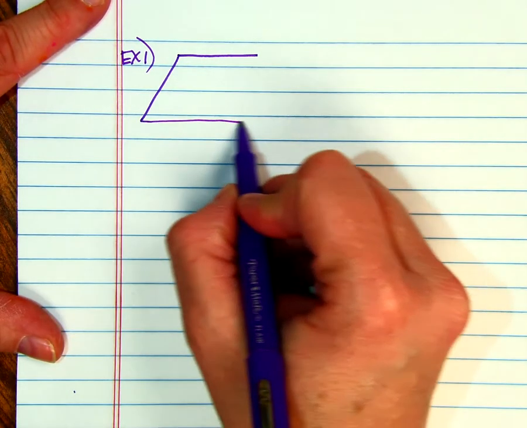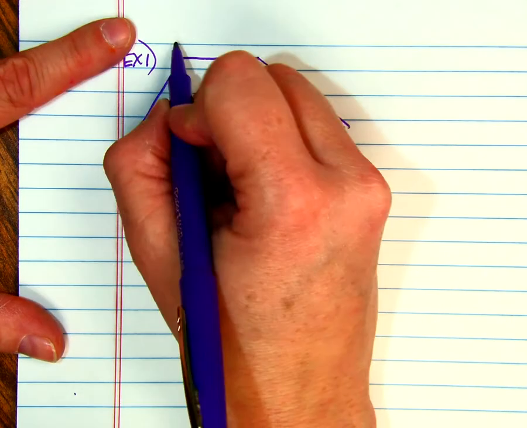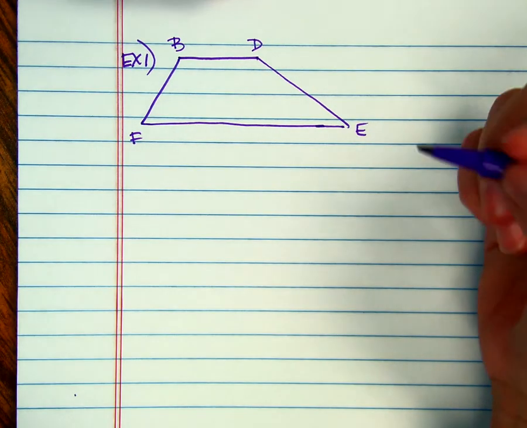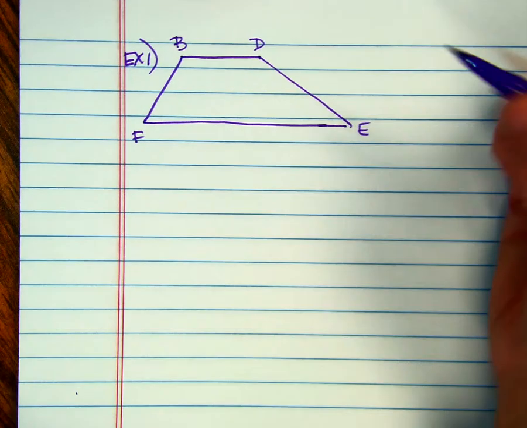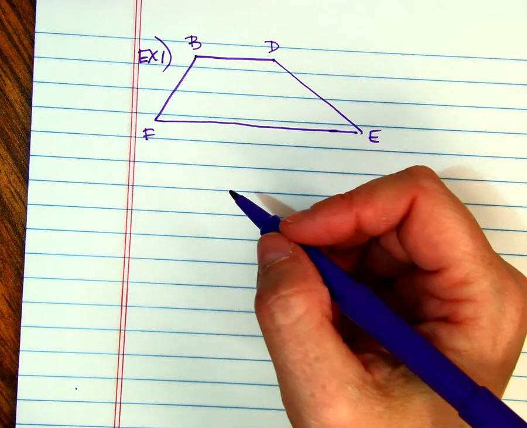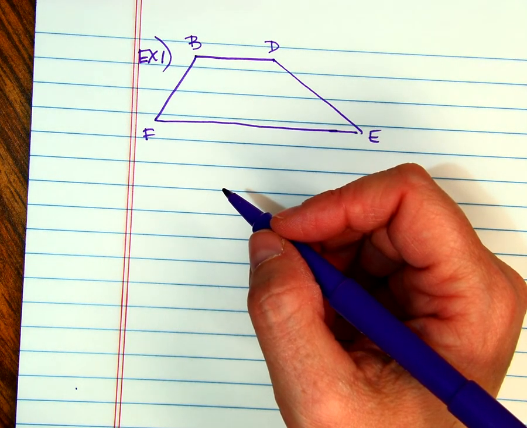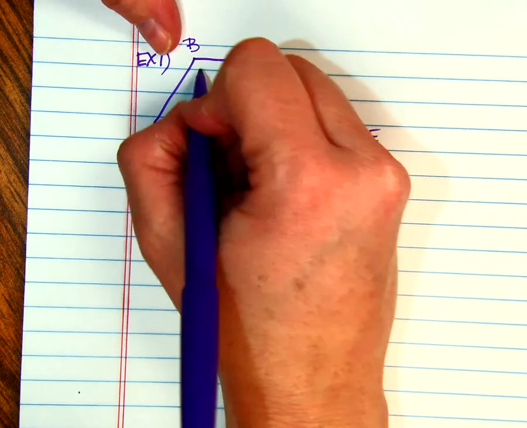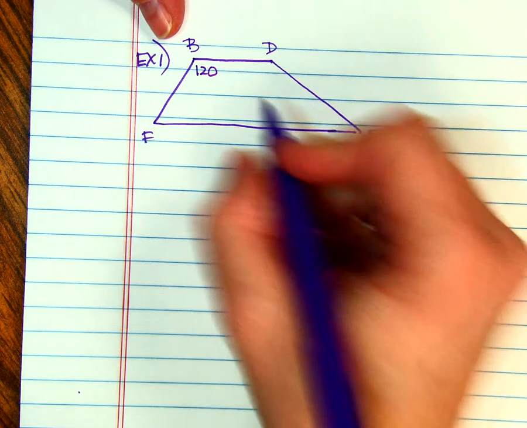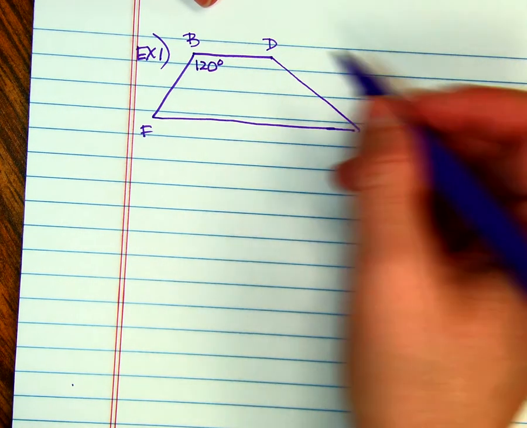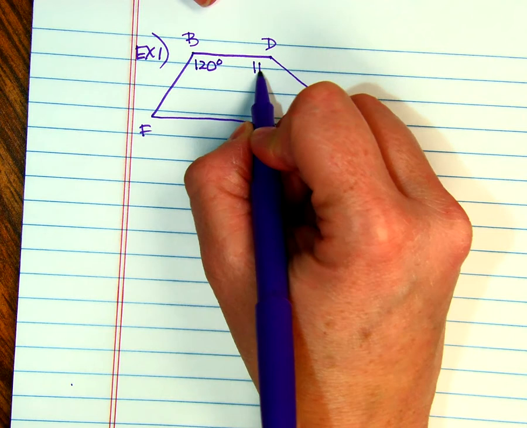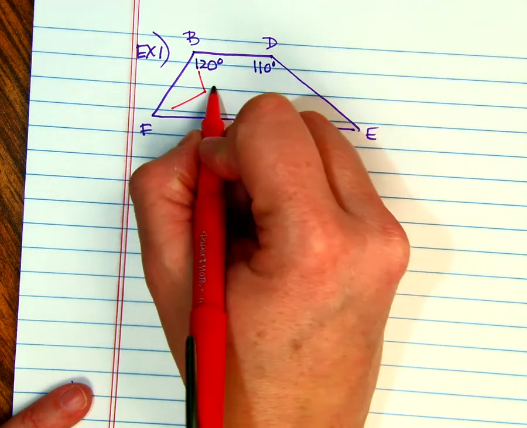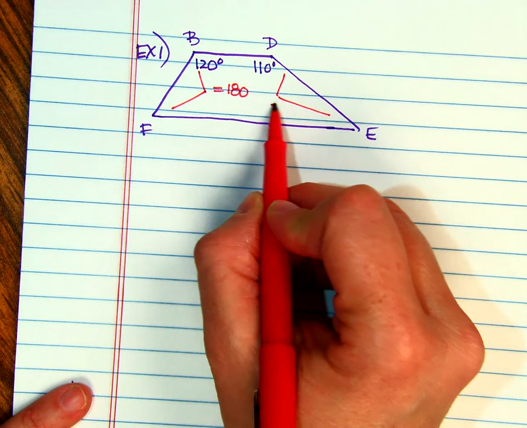If we have angles B, D, E, and F, just so we have something to talk about, and we want to find the missing angles: if we know that angle B is 120 degrees and angle D is, we're going to say, 110 degrees, then we have enough information to find angles E and F. That means that these two would have to equal 180, and these two would have to equal 180.